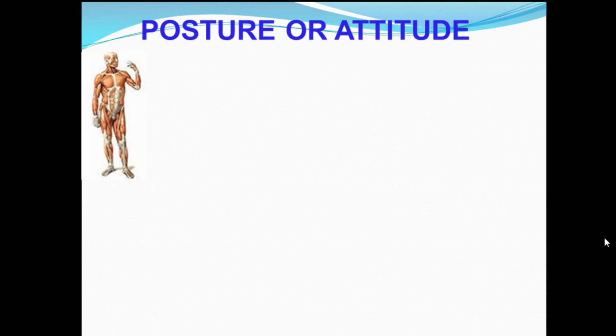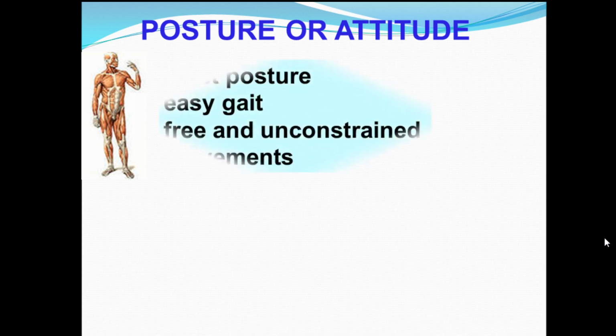The next step of our examination is assessment of posture or attitude of the patient, which depends on the activity of the central and peripheral nervous system, development of muscles, and condition of spine, bones and joints.